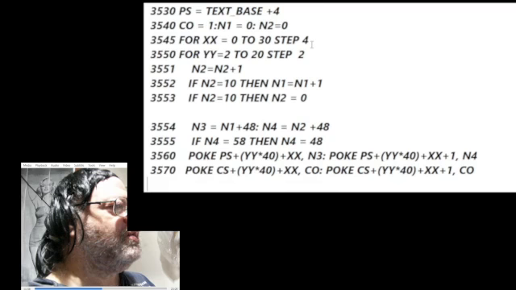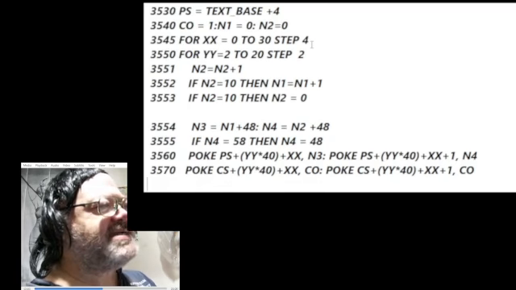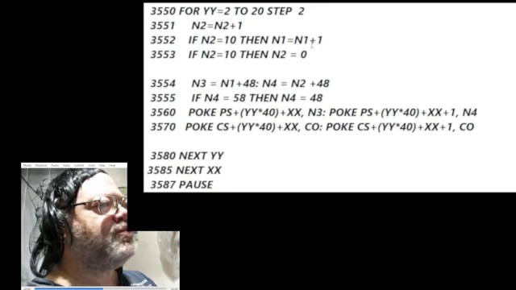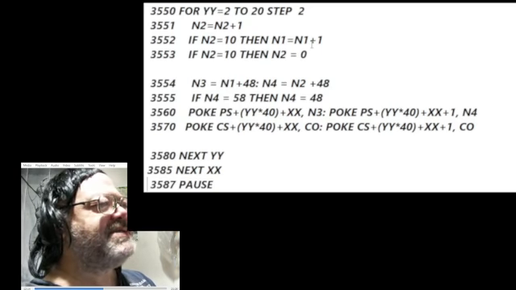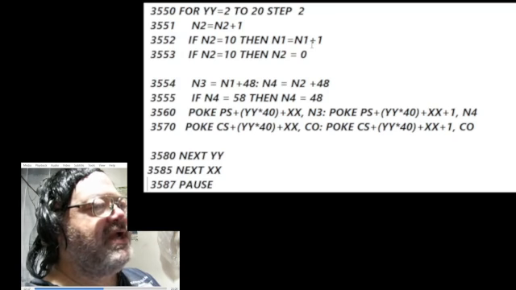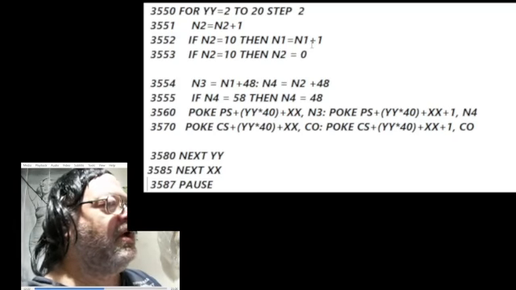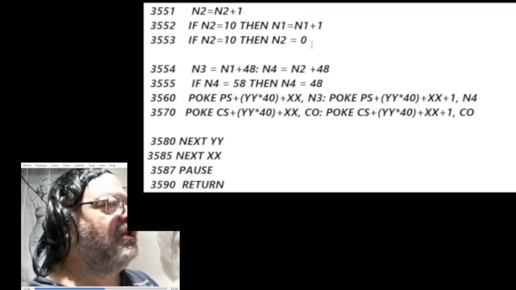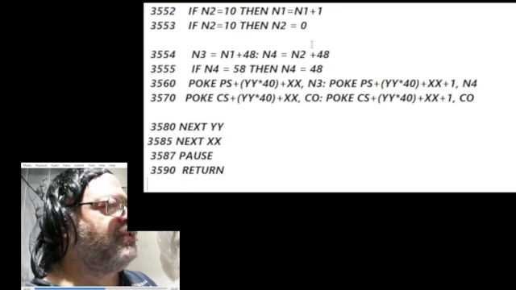All it needs to know is N2 and N1 are X and Y, and it's going to leap onto the screen to where it goes, and then it draws the characters with 3560 poke, PS, which is the screen position, YY, that's up and down, times 40, XX is your over and back, and it pokes 2 characters for the bottom of the circle, and then you have a color, and it's poking 2 for the bottom. Where does it put the top of it?